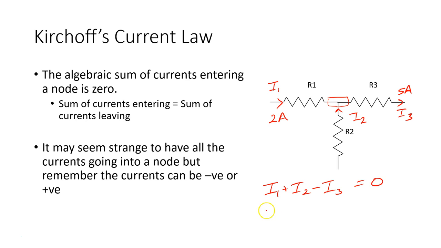So then I have 2 plus I2 minus 5 is equal to 0, and from that I2 is equal to 3 amps. So here you see we set all the currents as going in. When I write minus I3 here, that is actually the current going in this direction, minus I3.